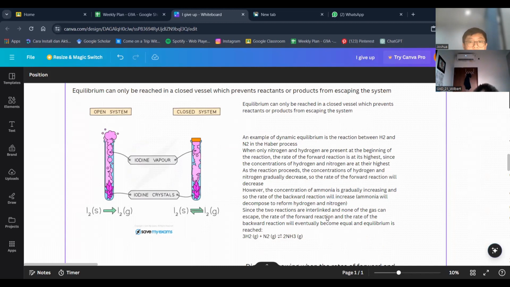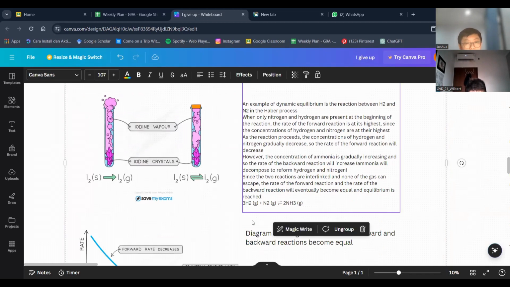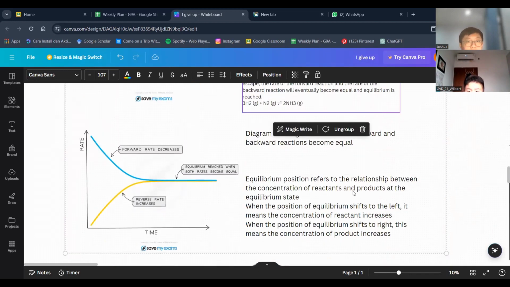Since the two reactions are interlinked and none of the gas can escape, the rate of the forward reaction and the rate of the backward reaction will eventually become equal. And you should know how to balance it. 3H2 plus N2 in the forward reaction reacts to form 2NH3, and 2NH3 can be decomposed to form 3H2 and N2.